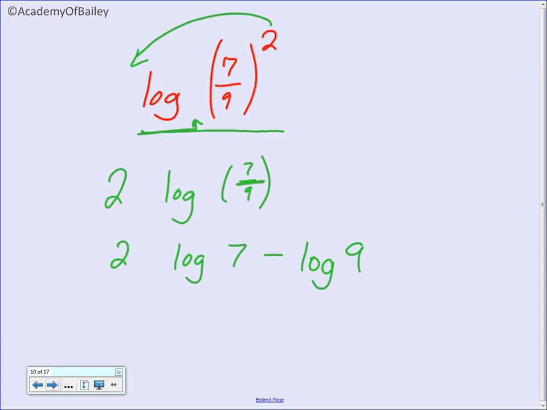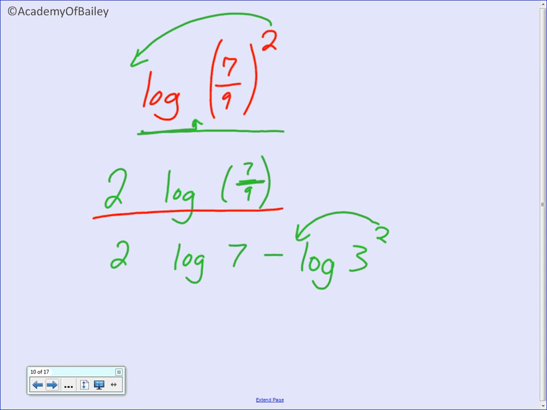Now you might say, right here, isn't 9 3 squared? So let me go ahead and erase that, and let me put 3 squared there. Now what am I going to do with this exponent of 2? It goes right in front of that log. And I kind of forgot something.